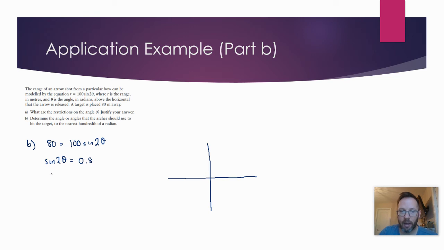So we're going to get 2 theta equals inverse sine of 0.8.